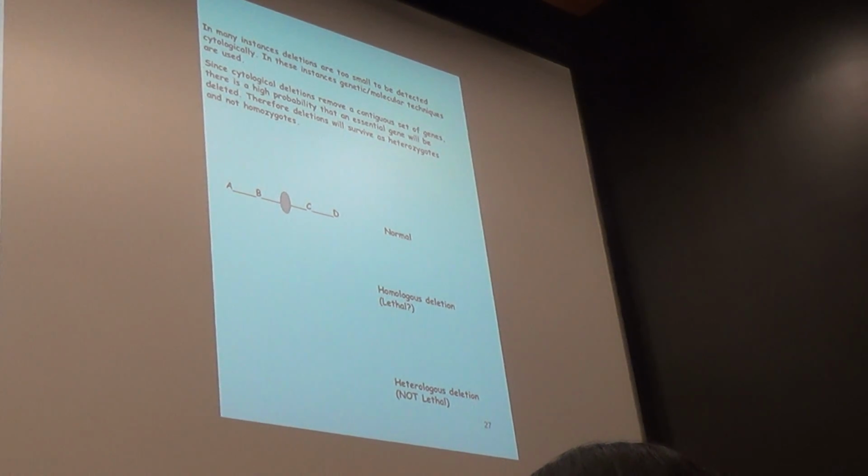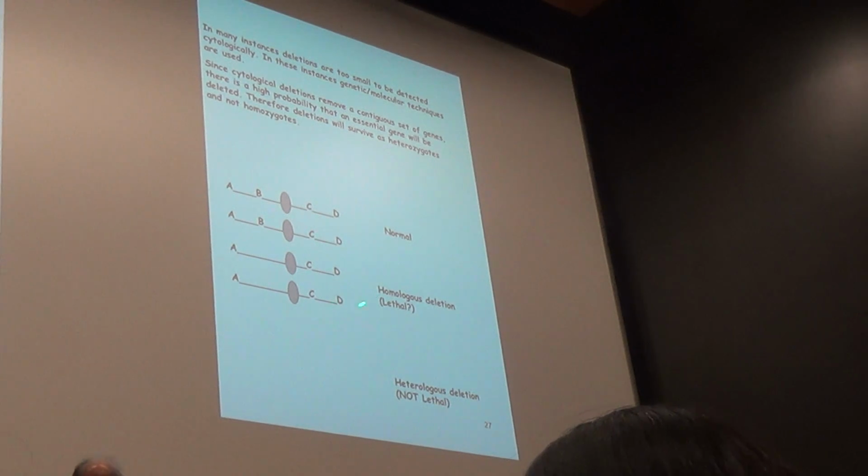And so cells are not happy when you have large deletions. If you're homozygous for a deletion, i.e. deletion on both copies, so you're deleted for both segments, you're very likely going to be dead.